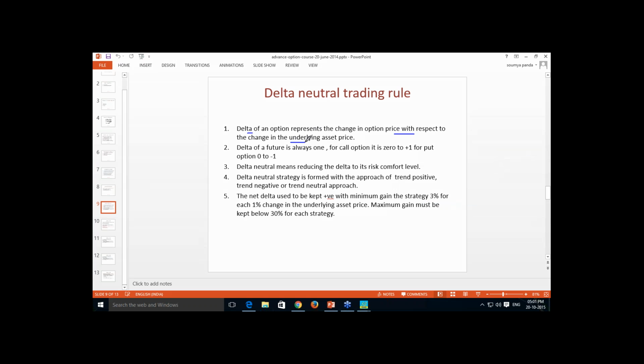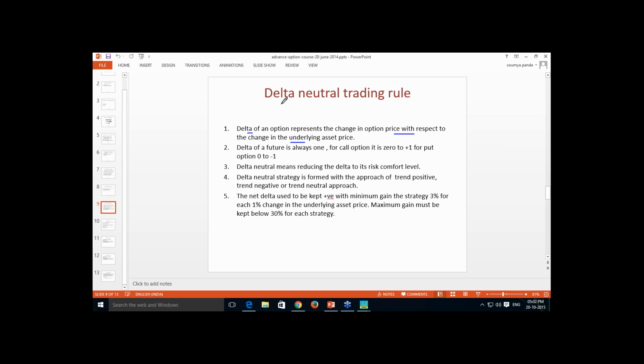If the delta of an option is 0.5, that means a 1% change in the underlying asset will give you a 5% change in the value of the option.